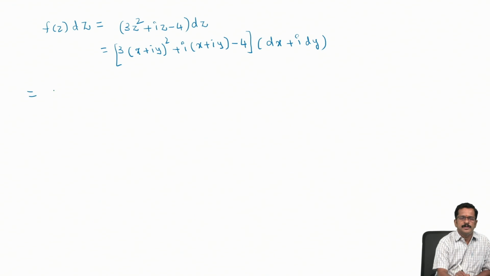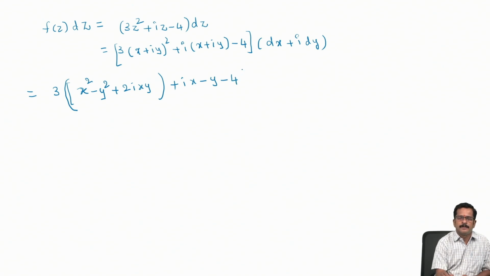So now you try to simplify this. 3 into x square minus y square plus 2ixy, okay, plus ix minus y minus 4, into dx plus i dy, because before going to evaluate the integration you need to simplify and then you can evaluate.